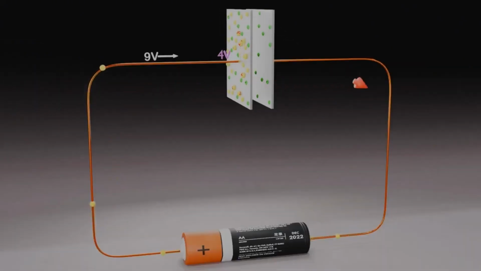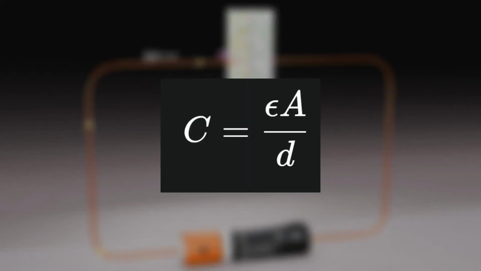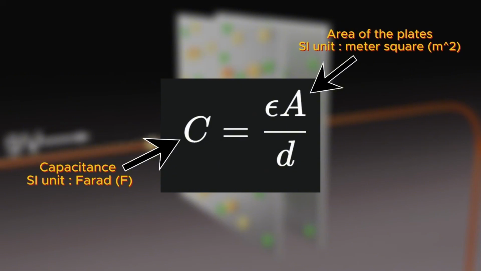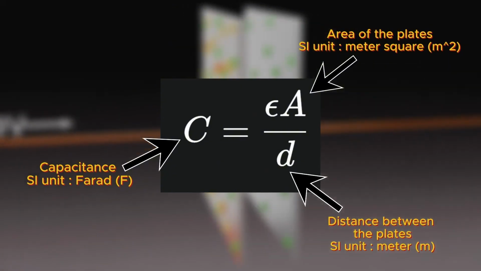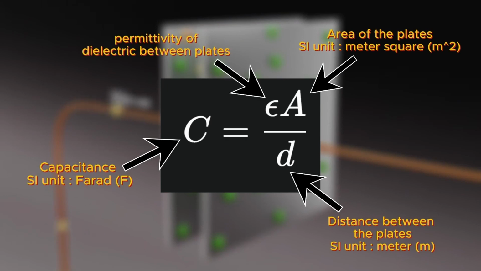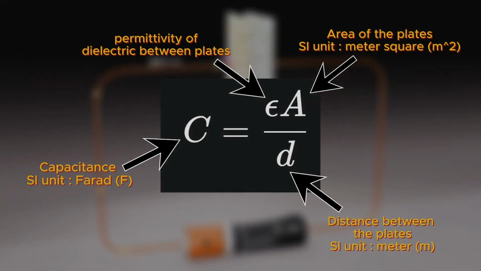From these factors, the formula of capacitance can also be defined as C equals epsilon naught multiplied by A over d, where C is capacitance in farad, A is the area of the plates in meters squared, d is the distance between the plates in meters, and epsilon is the constant permittivity of the dielectric between plates.